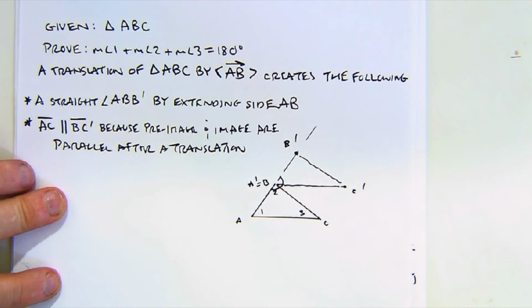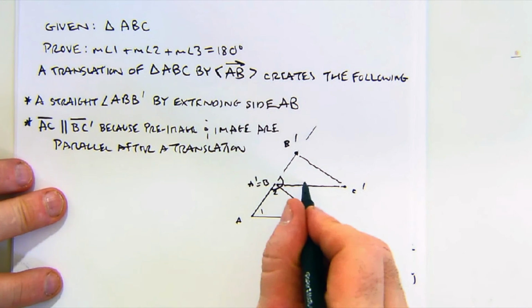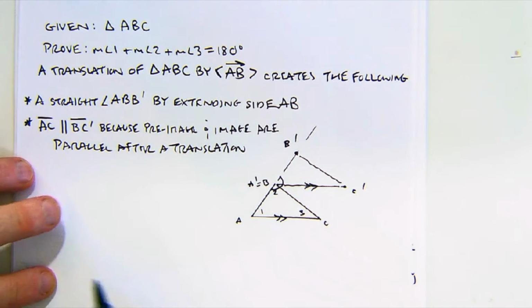So I'm kind of listing what this translation's doing for me. It created a nice 180 degree straight angle there. It created some nice parallel lines here.